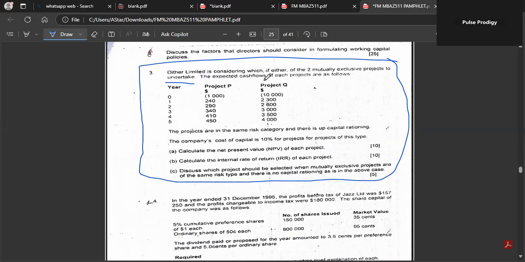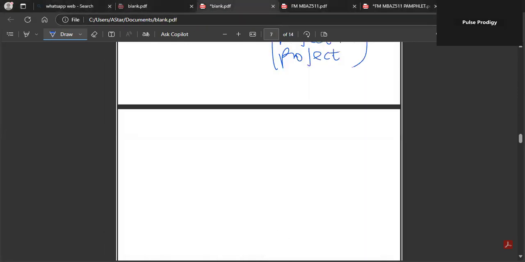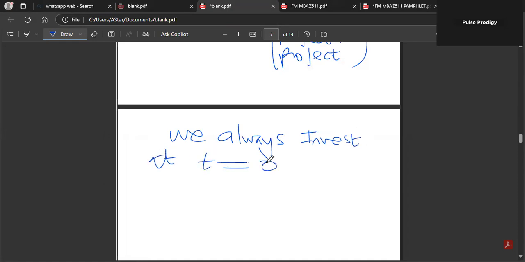Now we need to check here. Every time you're making an investment, you are making an investment at time 0. So we always invest at t equal to 0. This is when we make an investment.